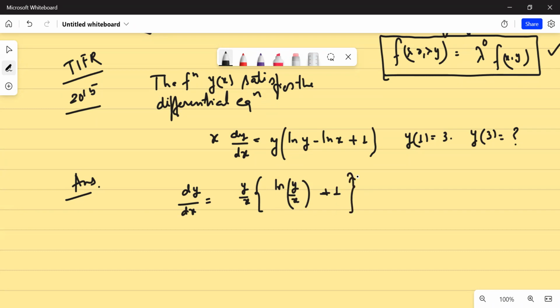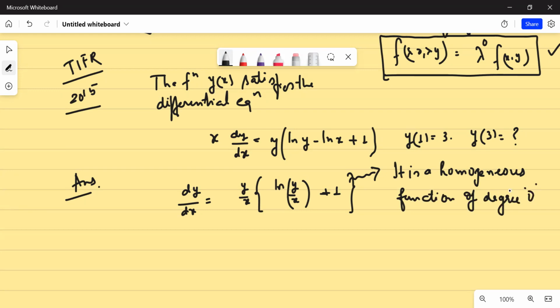So one can see that this entire thing, that is y by x times (ln y by x plus 1), is a homogeneous function of degree 0, isn't it?